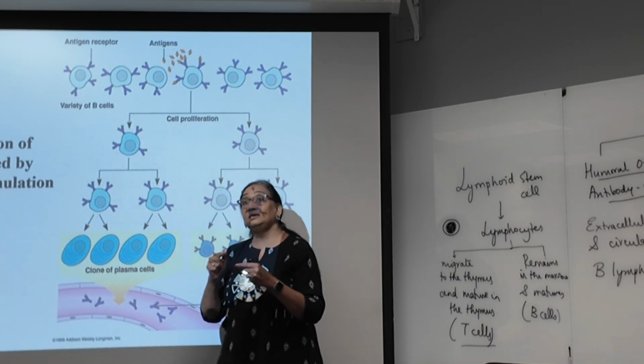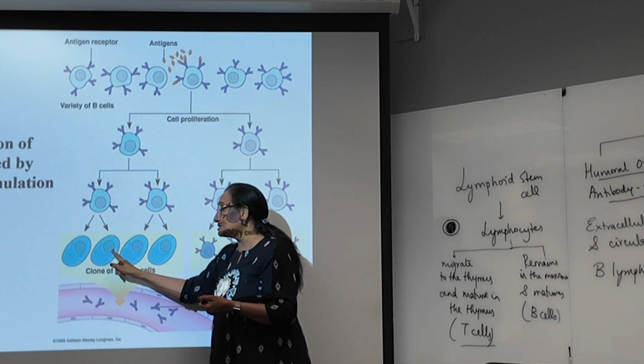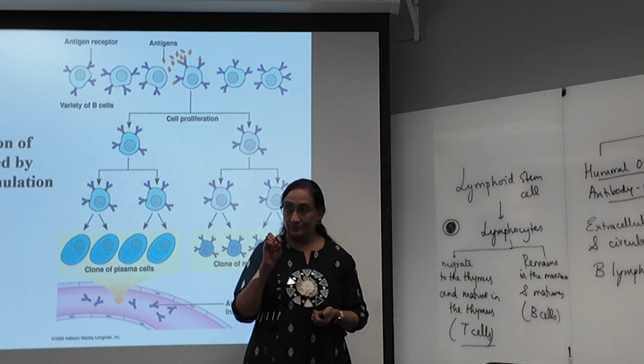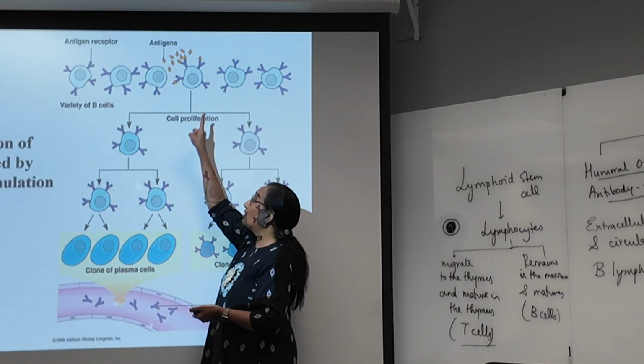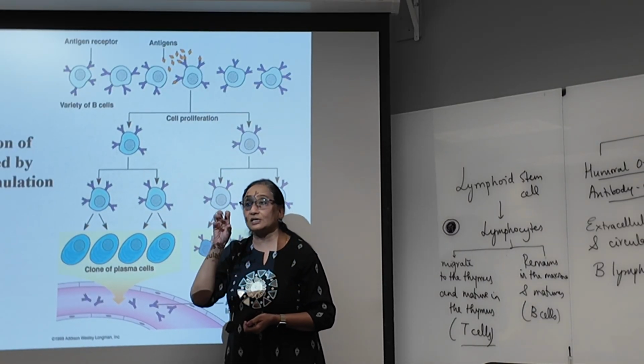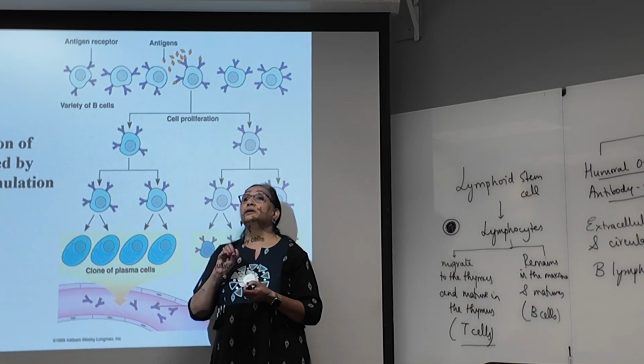These plasma cells will start secreting antibodies, the proteins which can destroy that antigen. So the specific antibody will be released.